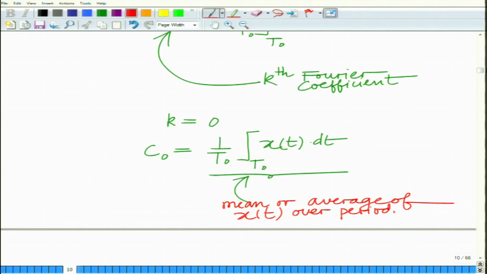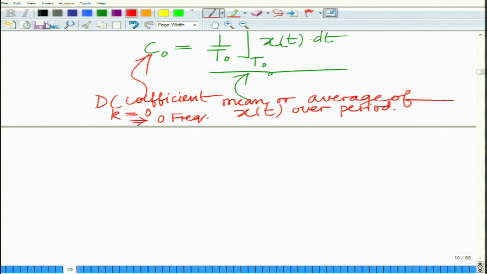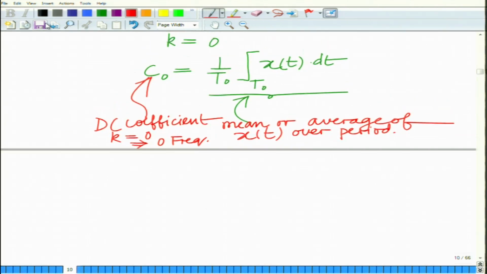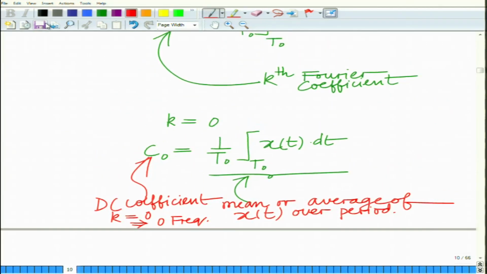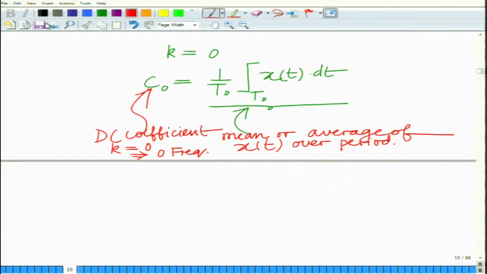This C naught corresponds to 0 frequency, that is k equal to 0. This is also known as the DC coefficient, and basically that is your C naught.